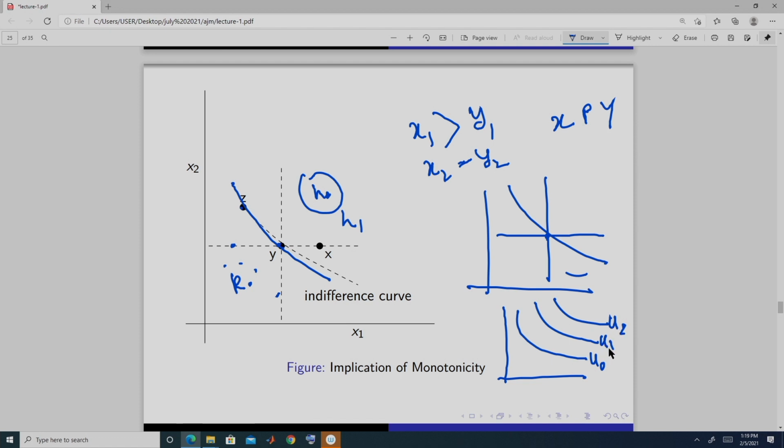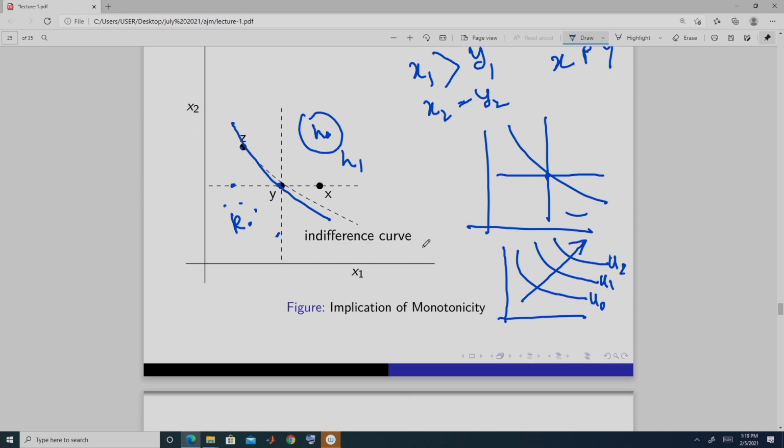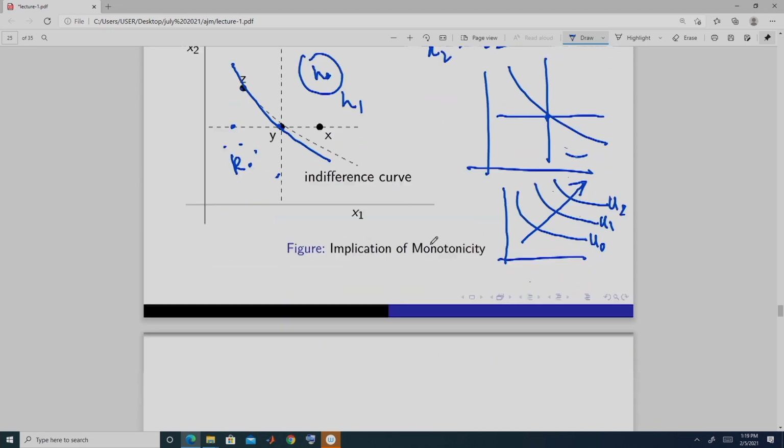So the utility level of these level curves should be increasing in the northeast direction. So the height of this surface, which gives me the utility, should be increasing. Okay? So this is the implication of monotonicity.